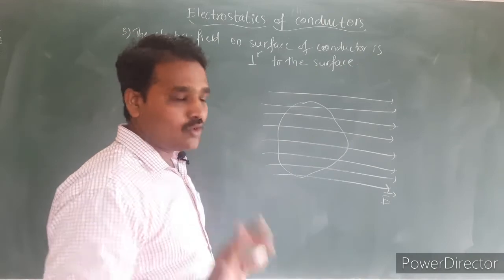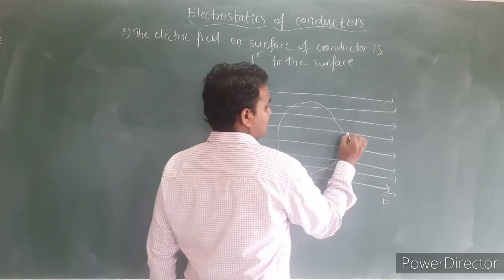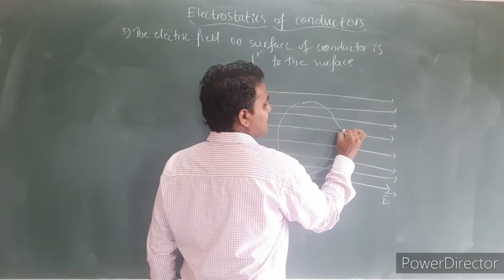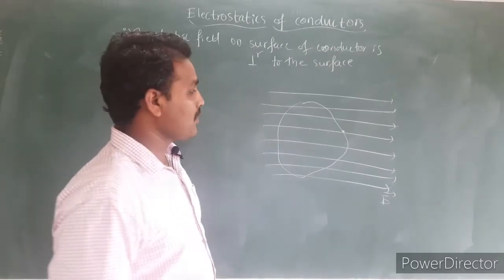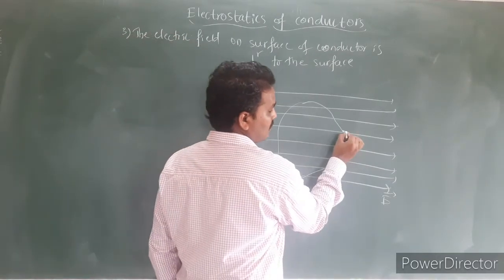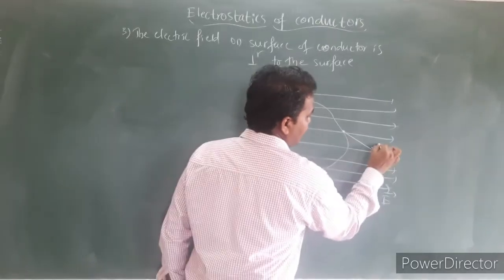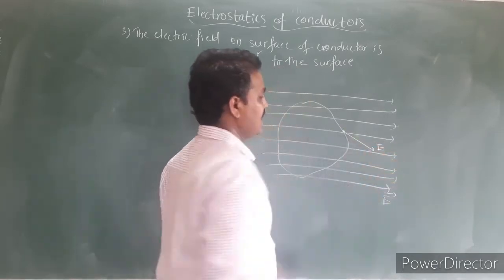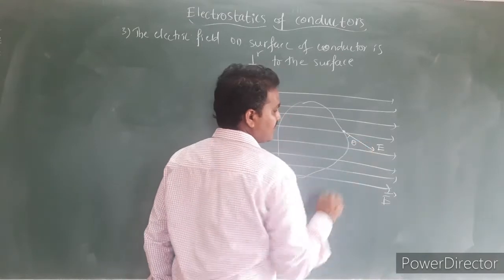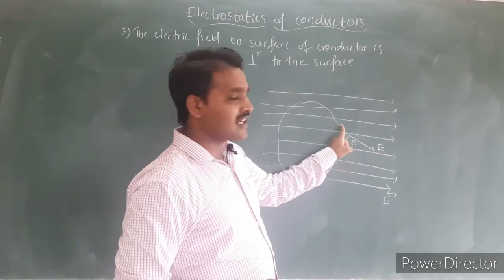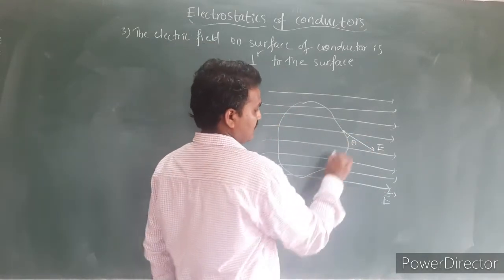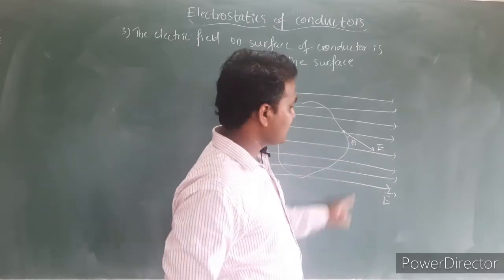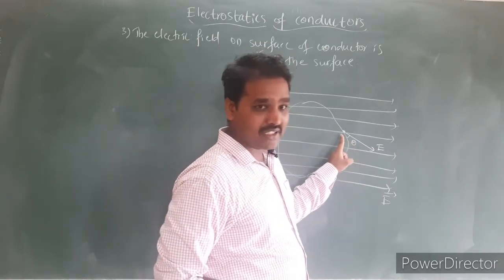Let us first assume, what happens if the electric field is not perpendicular to the surface? Let us say I have some electric field along this direction, making an angle of theta with the surface of the conductor.